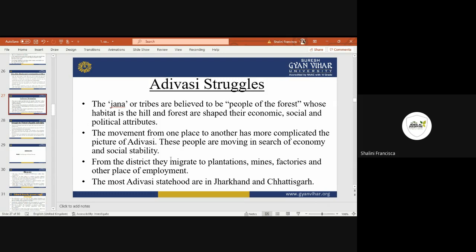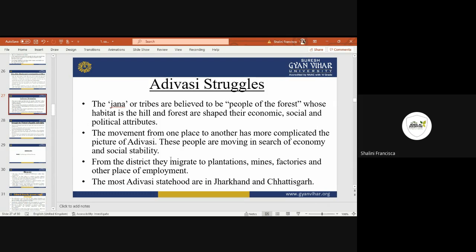The movement from one place to another has further complicated the picture of the Adivasi. If we talk about the Adivasi people, they are the indigenous people, as we can term them, and they mostly live as people of the forest.